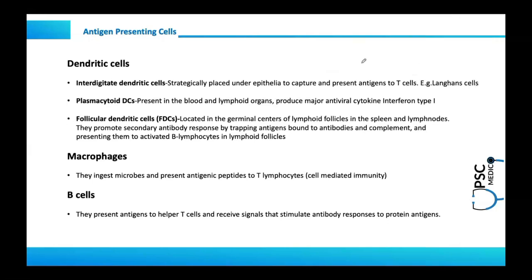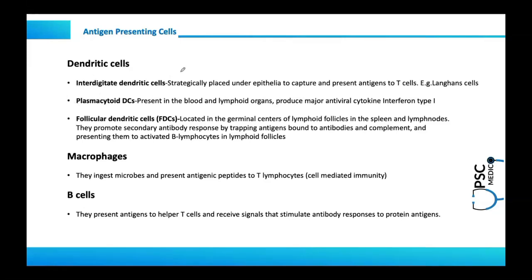If this primary immune response is not sufficient, this complex is engulfed by the follicular dendritic cell, which then presents it to the activated B lymphocytes in the lymphoid follicles, so that they form plasma cells, and the plasma cells release more and more antibodies to fight this antigen. So they are producing a secondary antibody response here.